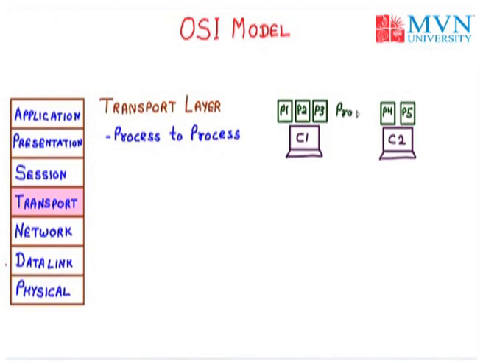If a particular process, for example P1, wants to communicate with P5, that is called process to process communication. Now P1 is interacting with P5, and there is no need for source and destination or hop to hop. This is called process to process delivery, which is used by the transport layer.